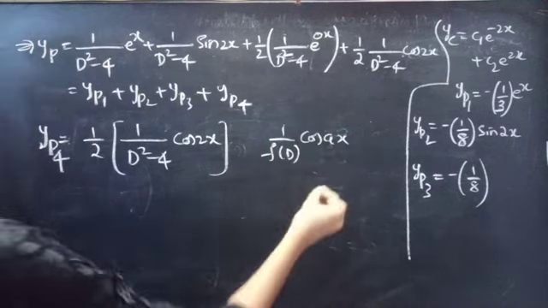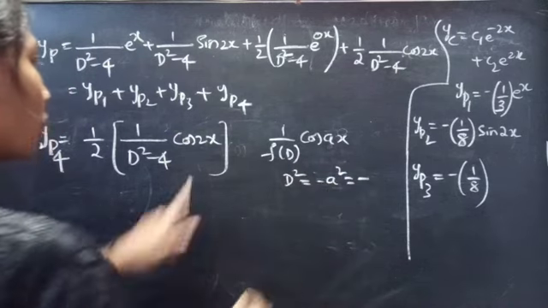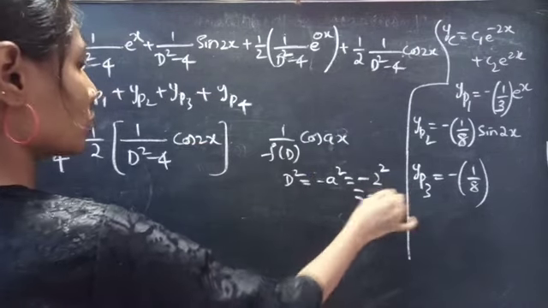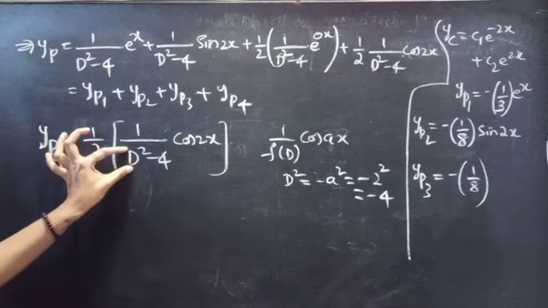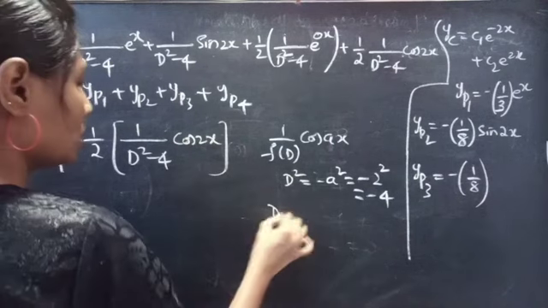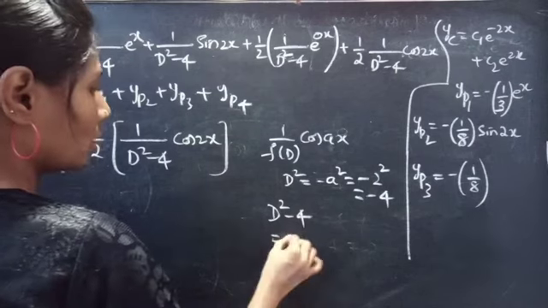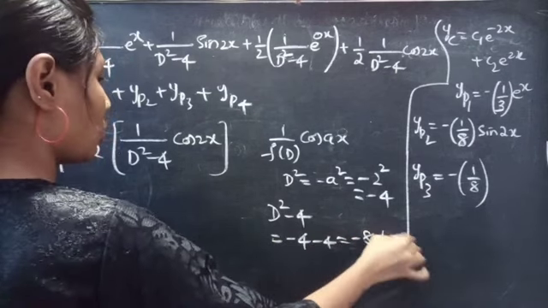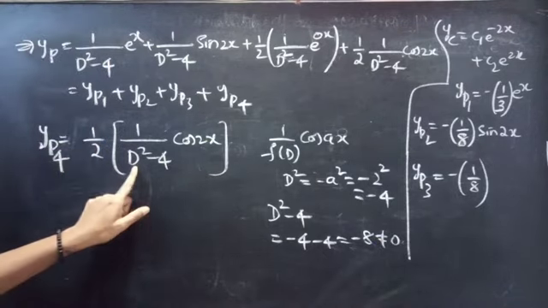For a equals 2, we'll find d square, which is given by minus a square, which is minus 2 square equals minus 4. Now let's see what happens if we replace minus 4 in the denominator. Just take the denominator part under the brackets. We'll get minus 4 minus 4 equals minus 8, which is non-zero, right? The denominator becomes non-zero by replacing d square by minus 4.